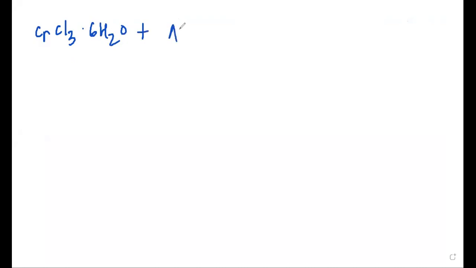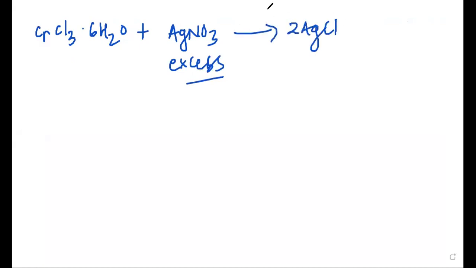It is allowed to react with excess AgNO3, whatever amount of AgNO3 is needed. And then we get 2 moles of AgCl. Only 1 mole of the compound was taken, so for 1 mole of this complex compound, we have got 2 moles of AgCl precipitate.